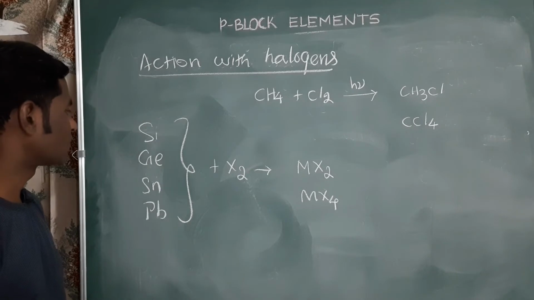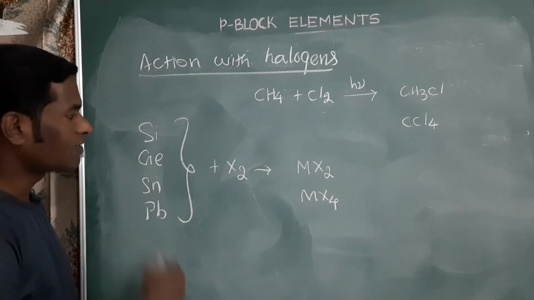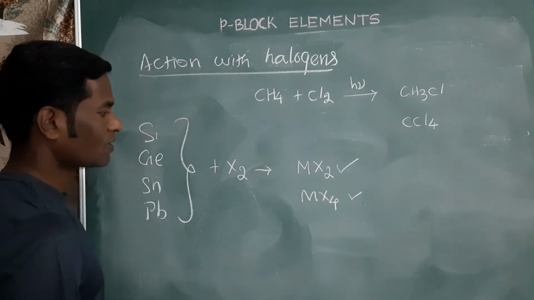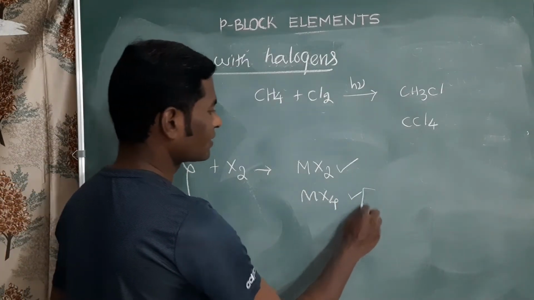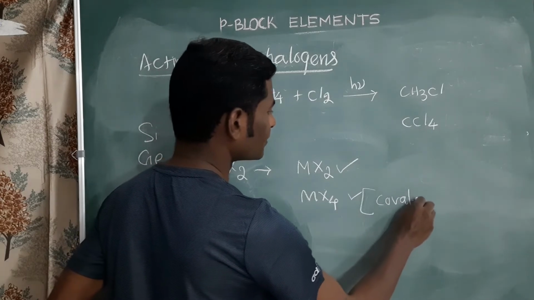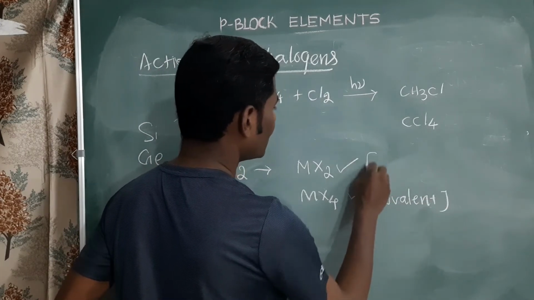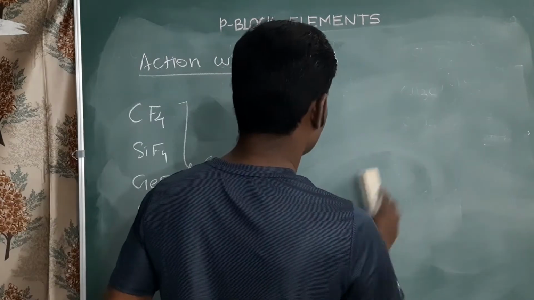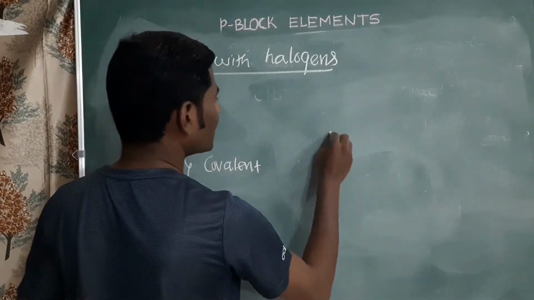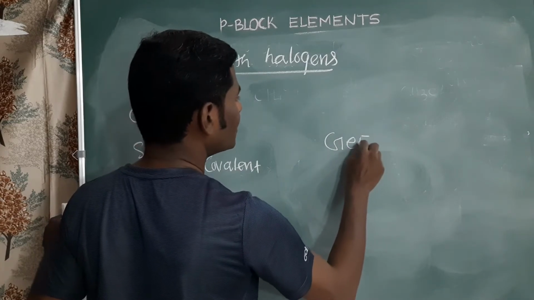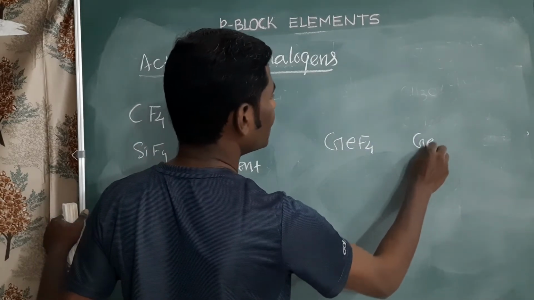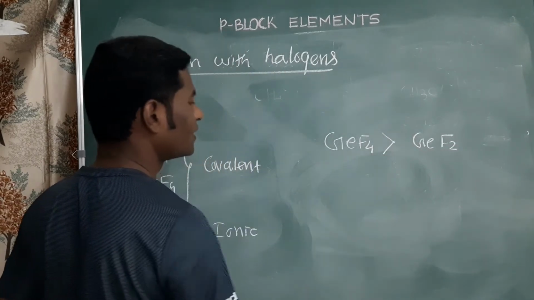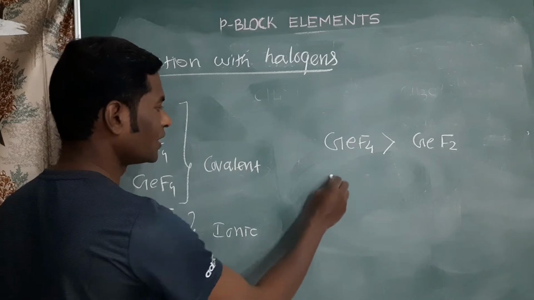This reaction is called a photolytic substitution reaction. The other elements of group 14 directly combine with halogens to produce di- and tetrahalides. Among these, tetrahalides are covalent in nature, but dihalides are predominantly ionic. Germanium gives two types of halides, germanium tetrafluoride and germanium difluoride, and the stability of germanium tetrafluoride is greater than germanium difluoride.